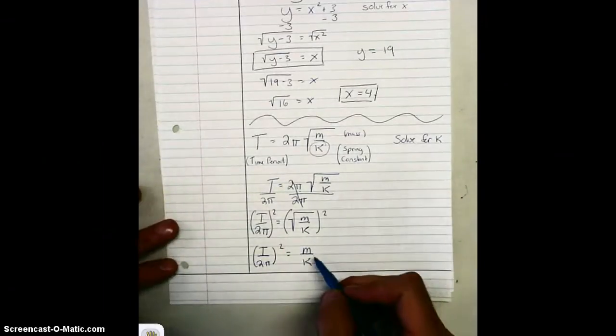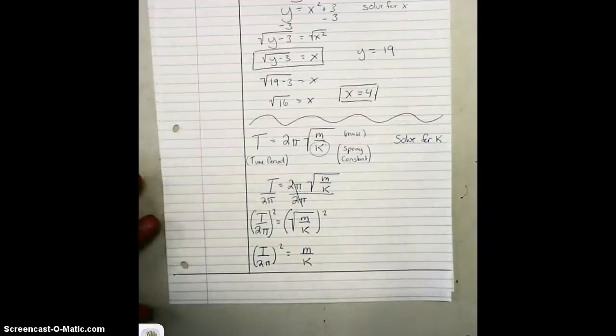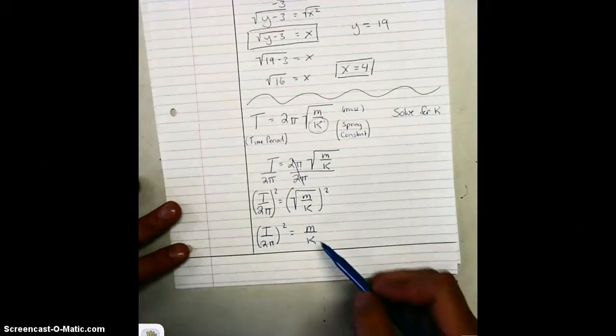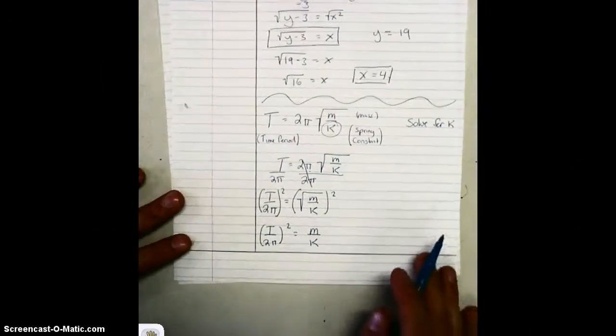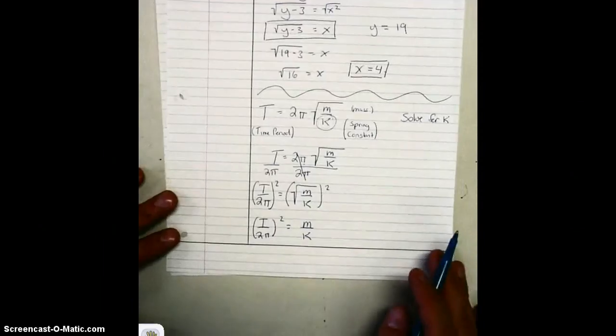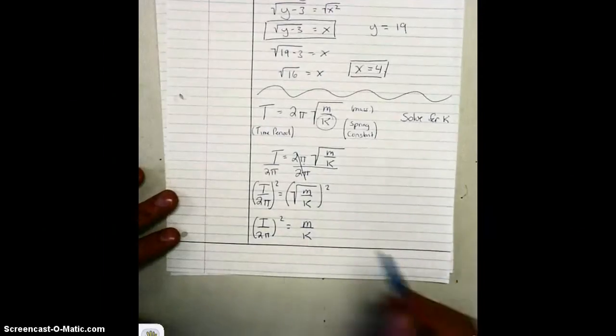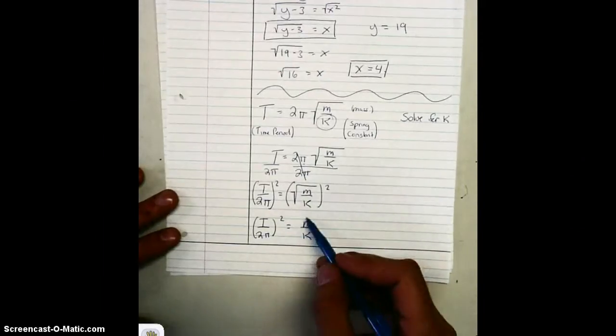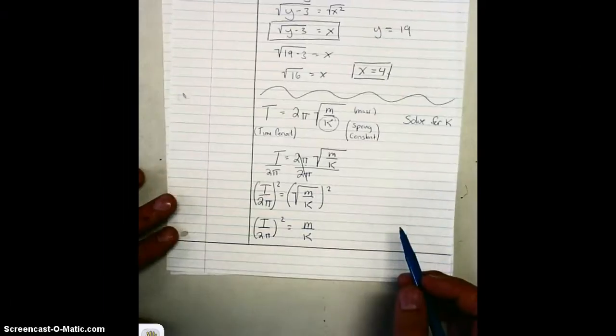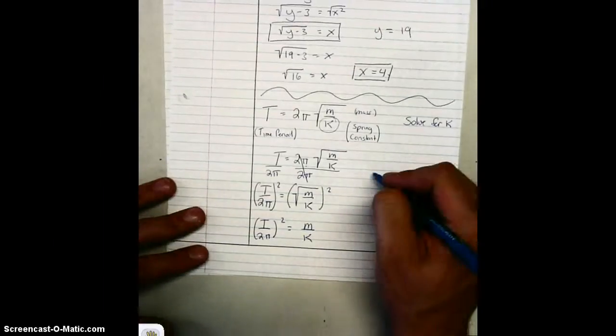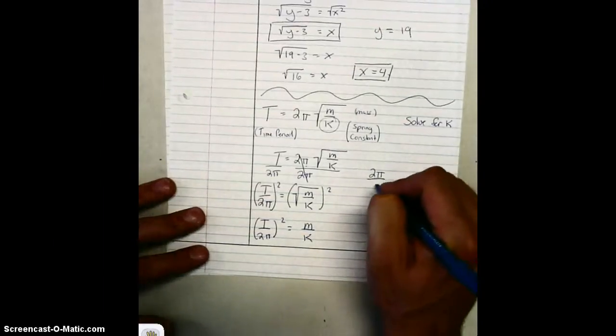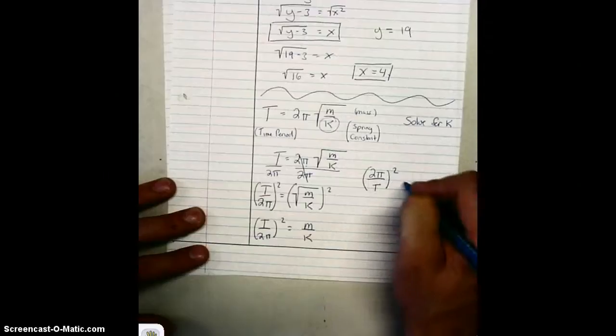Now, one thing we need to realize here is that k is in the denominator, and we do not want that. We want it in the numerator. Because we have two fractions set up right here, we can simply flip those. So 2 pi over T squared equals k over m.